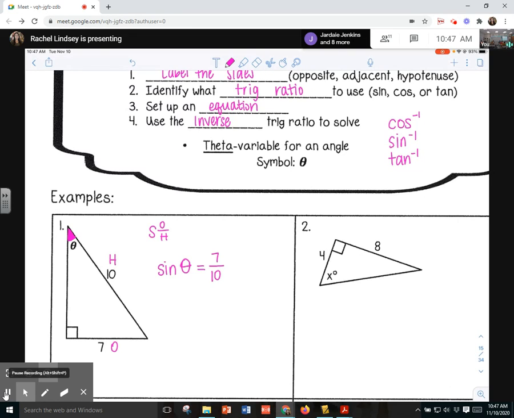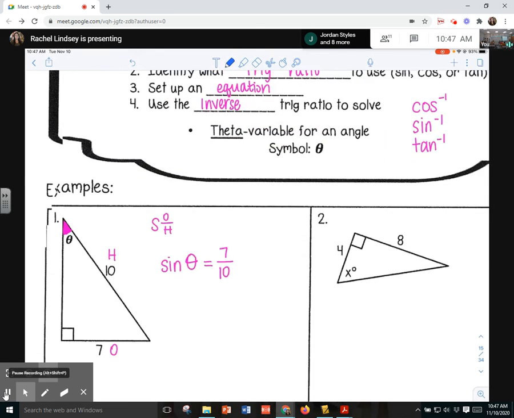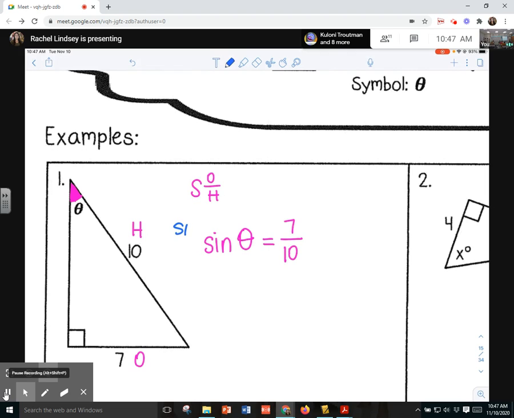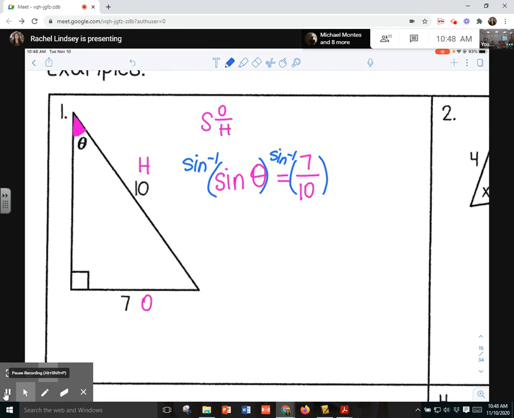What you do to one side, you have to do to the other. So what we're going to do is sine inverse both sides. So I'm sine inversing both sides. What that sine inverse does is it cancels that sine right there.